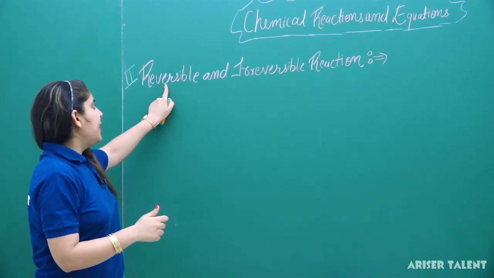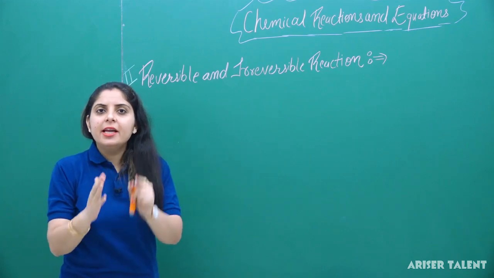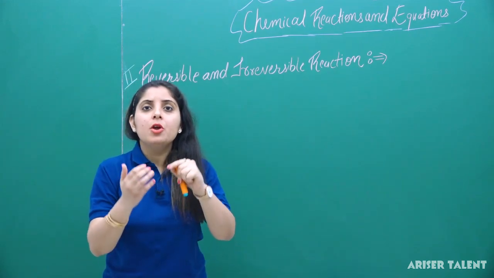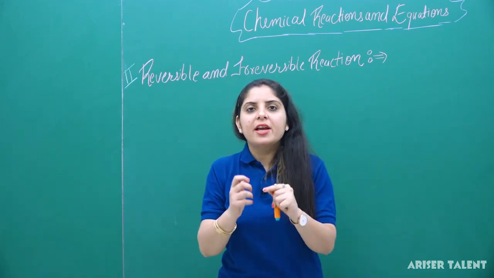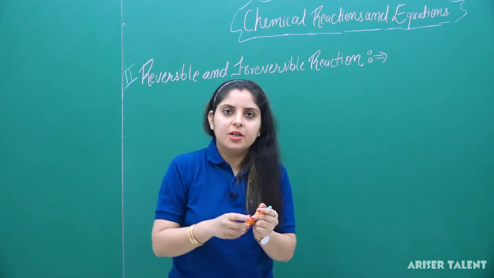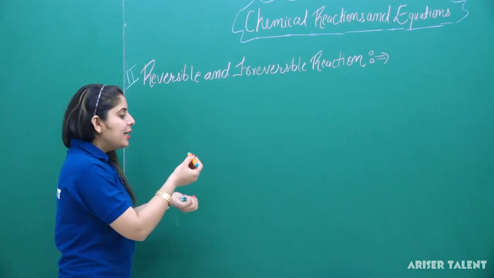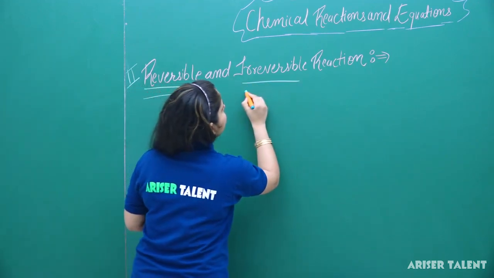As the name indicates, reversible reactions are those reactions which can take place in both directions, forward and backward. On the other hand, irreversible reactions are those reactions which can proceed in only one direction. Firstly we will deal with what the irreversible reactions actually are.